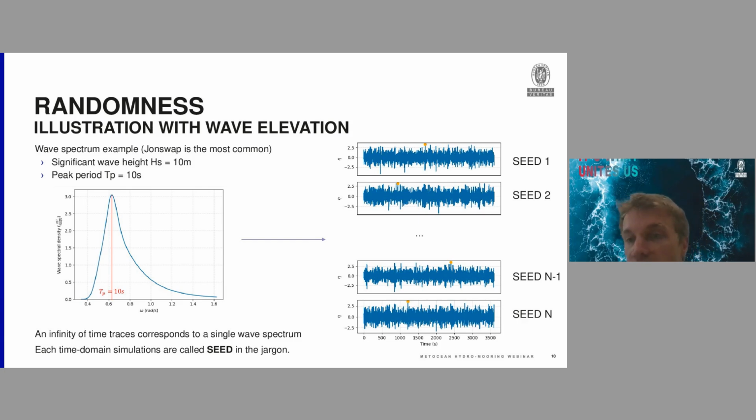Here we have four simulations depicted, and each of them is called, in the jargon, a seed. If you have 4 seeds, it means you have made 4 simulations with the same inputs in terms of wave spectrum, just that the phase of the waves has changed.